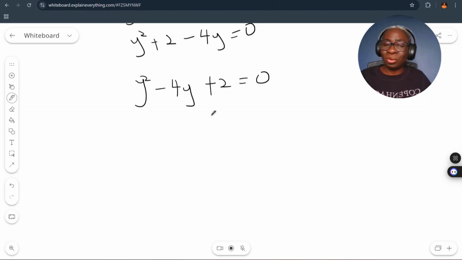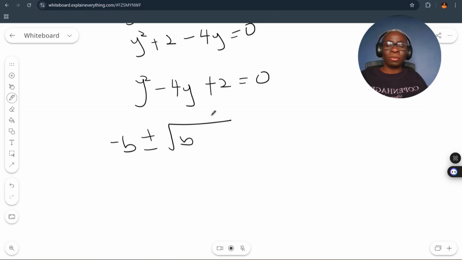We now need to solve this quadratic equation. What is the best way to solve this? We cannot use factorization, because there are no two numbers that multiply to 2 and add to give 4. It's not possible. So we use the quadratic formula, which says minus b plus or minus the square root of b squared minus 4ac, all over 2a.